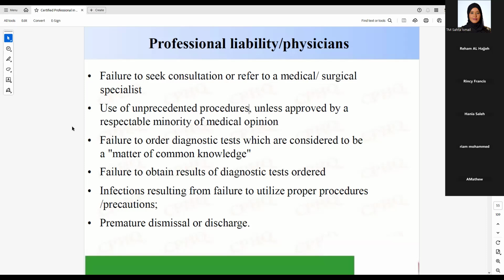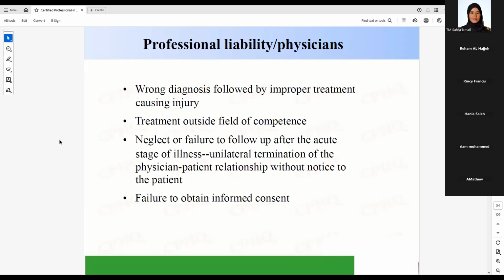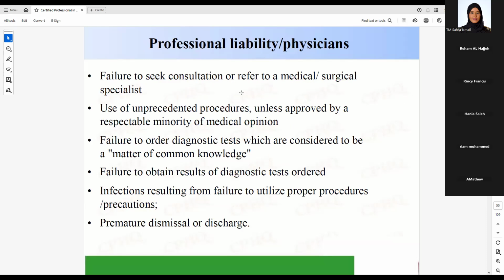A procedure not listed in the hospital approved procedures. Not only that: doing a procedure that is not within my field falls under treatment outside the field of competence. But an unprecedented procedure is one that has never happened.